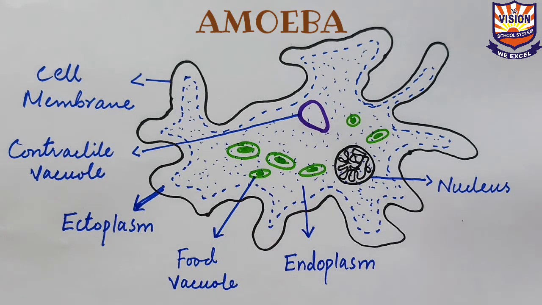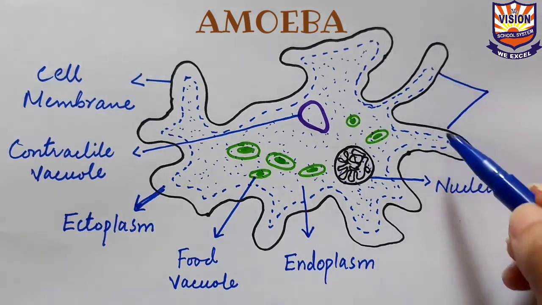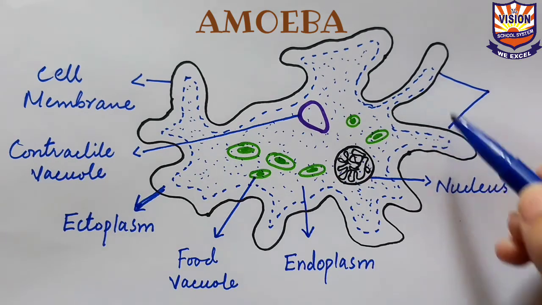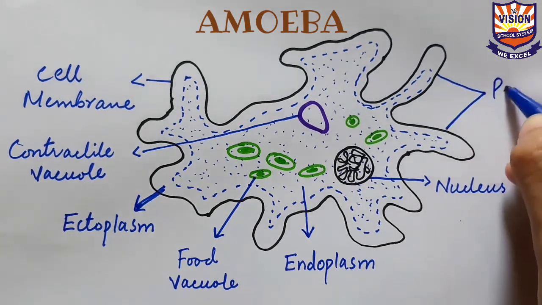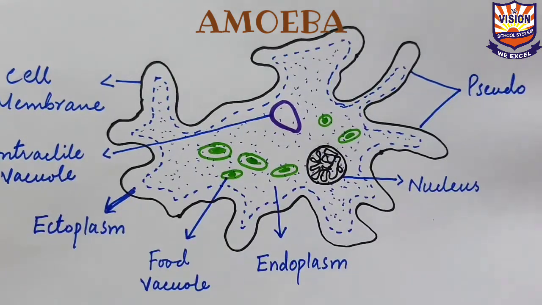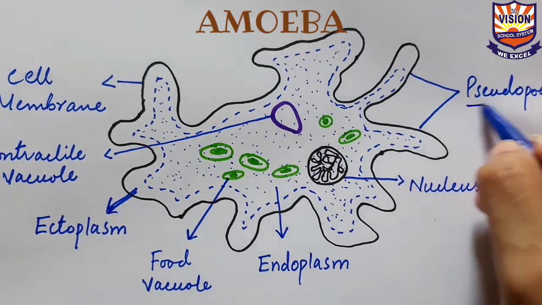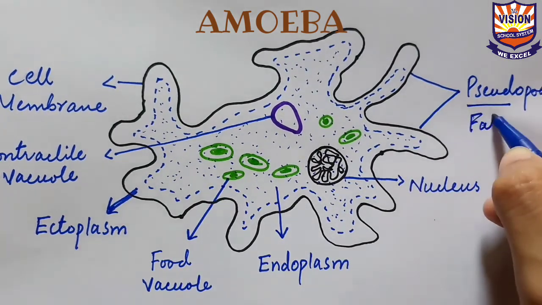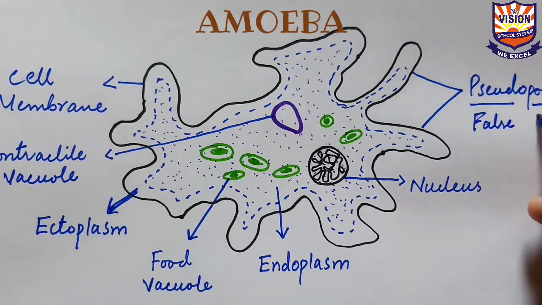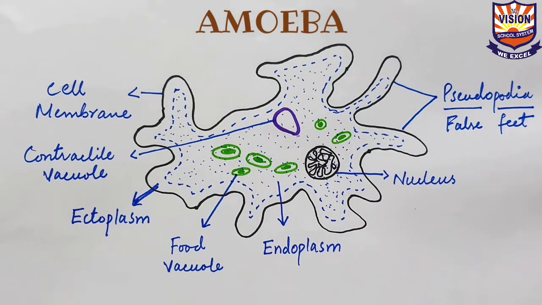The amoeba moves by forming finger-like projections called pseudopodia. As you can see, these two look like fingers. So these finger-like projections are called pseudopodia. Pseudo means false and podia means feet. So why are we saying false?